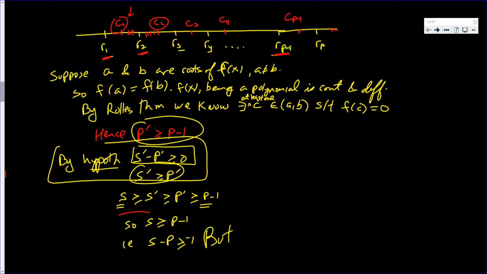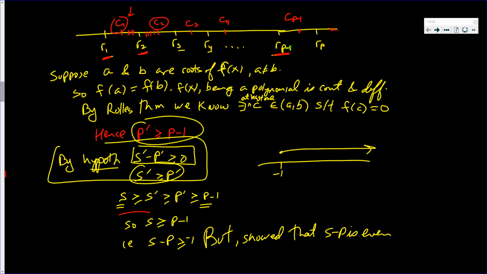But an hour ago, we showed that S minus P is even. So now here's a number line, here's negative 1. If you're an even number, either negative 1 or bigger, well then, you're at least 0.